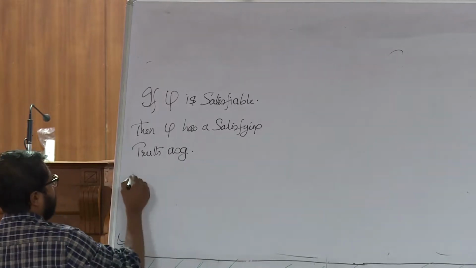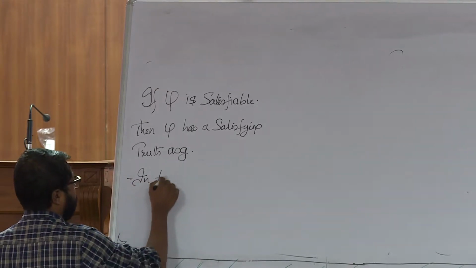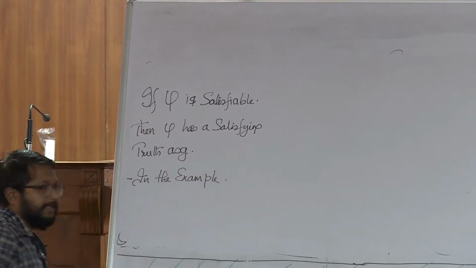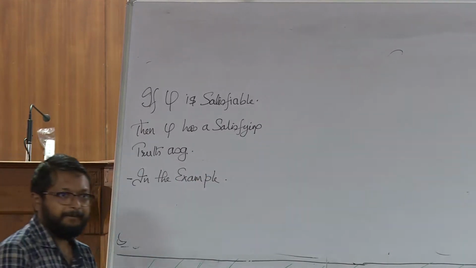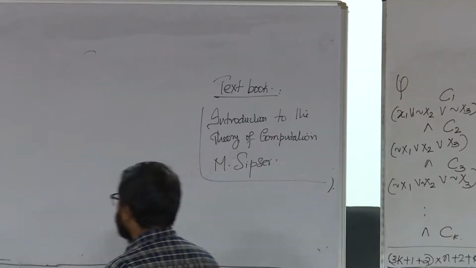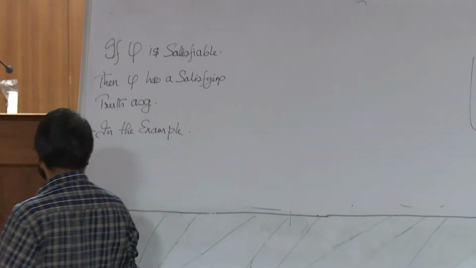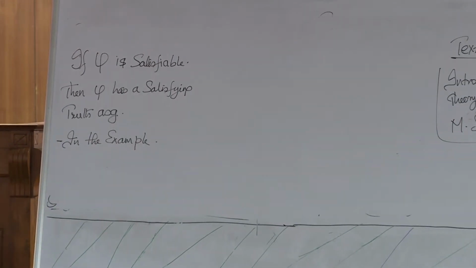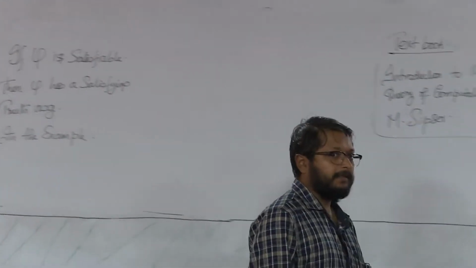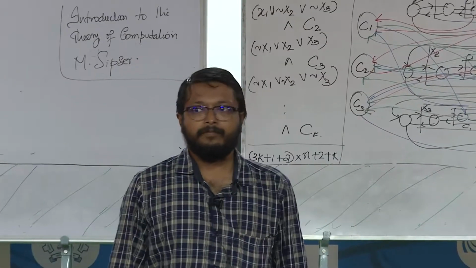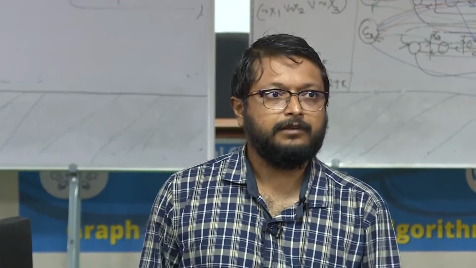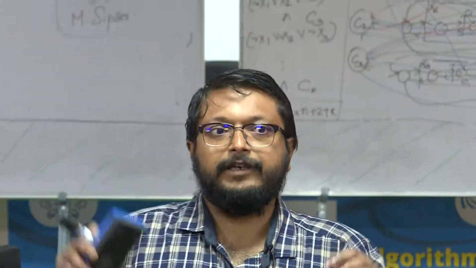So in this example, what can I say? Let us look at a truth assignment. So pick a satisfying truth assignment, and I will pick a literal in each clause which is satisfied by the truth assignment.